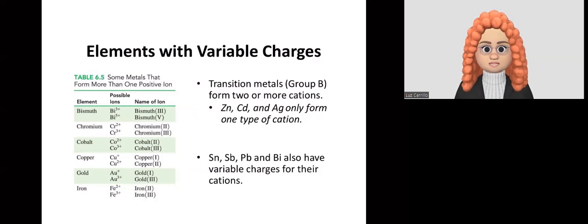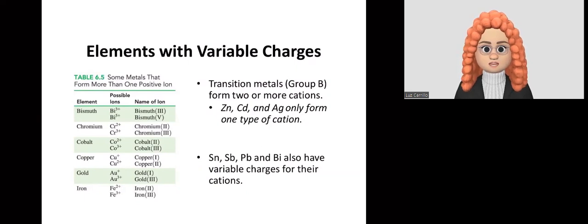This table, which is obtained from a different textbook resource, is giving you a little bit of an overview of the different elements that have variable charge. But we are going to learn later in the videos how to derive the charge for elements that have variable charge.